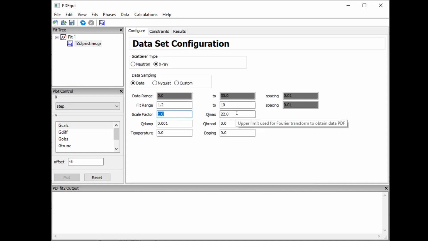And Qmax is the parameter that was used during the Fourier transform. If you remember, in our Fit2D data processing lecture, we talked about the Qmax that relates to the edges of the 2D image frame. Normally about 22 is a good number for Qmax.